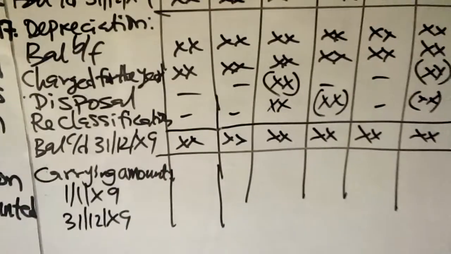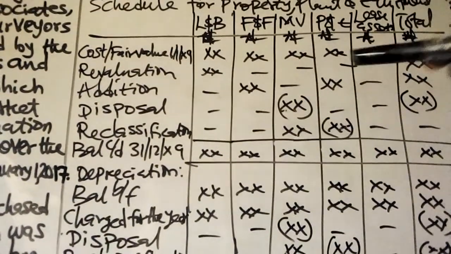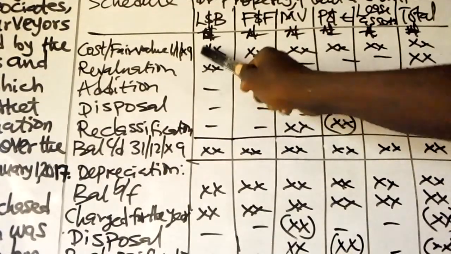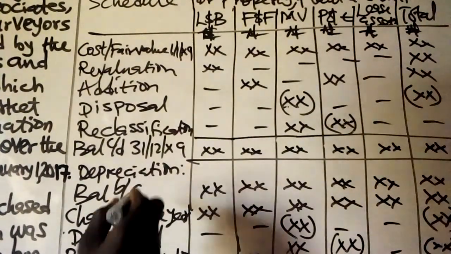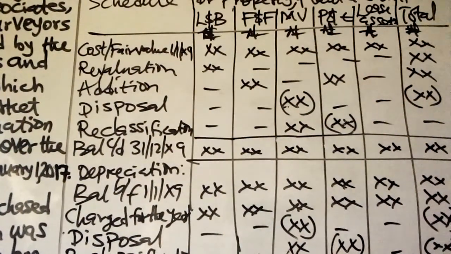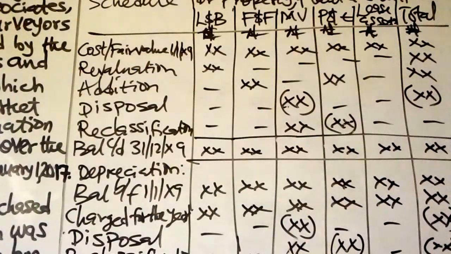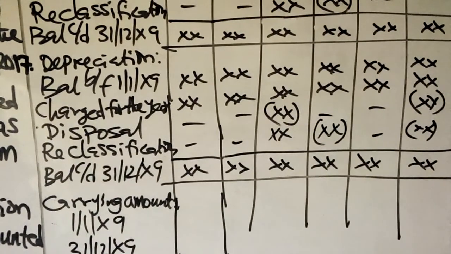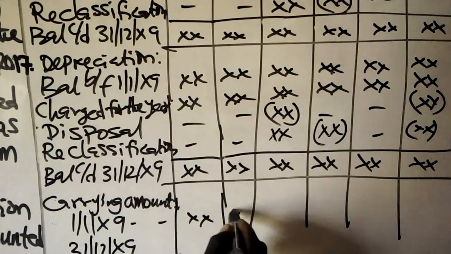The carrying amount as at January will be the opening balance here minus the depreciation as at the beginning, 1st of January 20x9. The opening balance here minus the opening balance of depreciation will give you the carrying amount as at the beginning of the period.